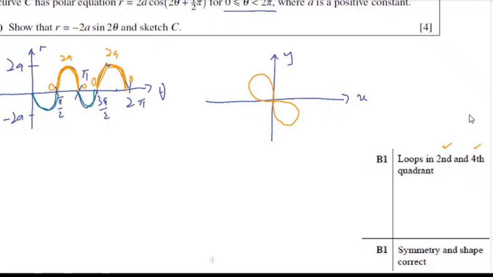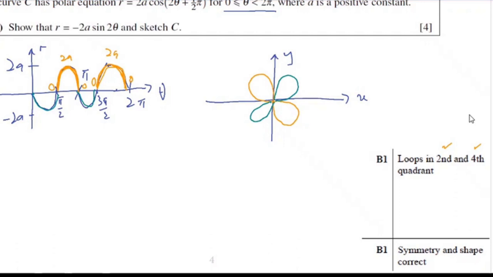If you include this part in our graph, it will actually become a flower that has 4 petals. This is the part if you include the negative r. But we do not know the requirement of the mark scheme, which is not so detailed. We are not sure whether if we include this green part here, they will deduct our marks or not.